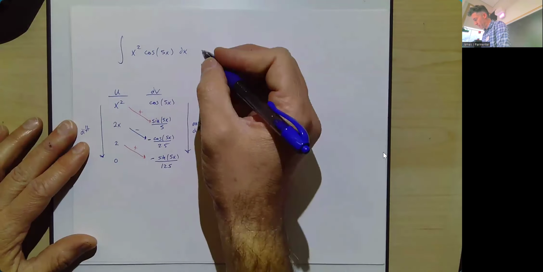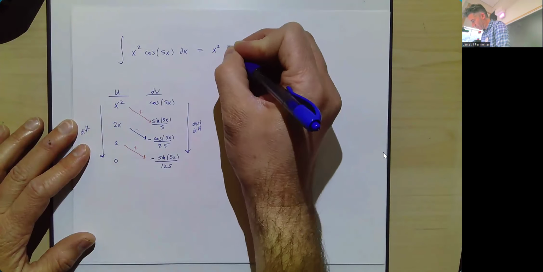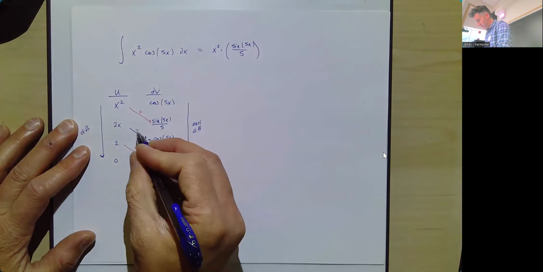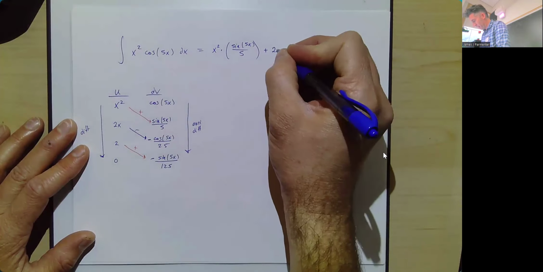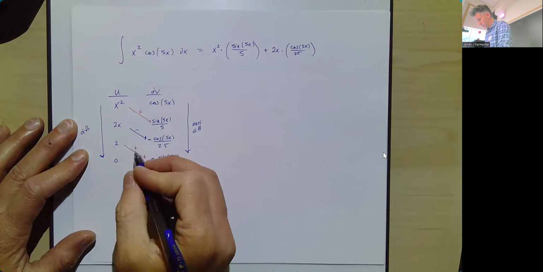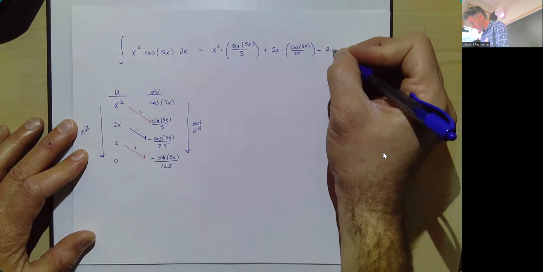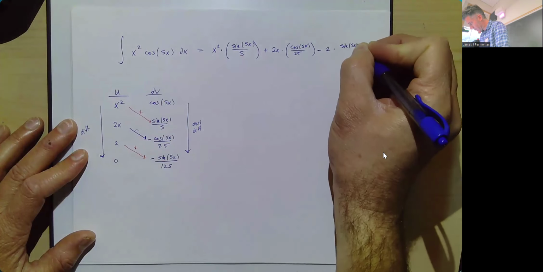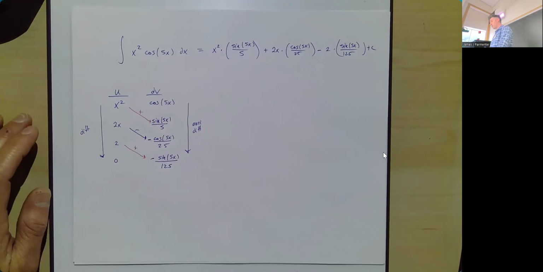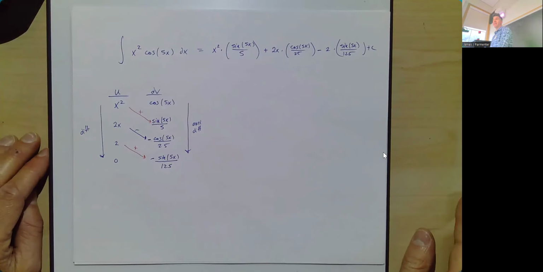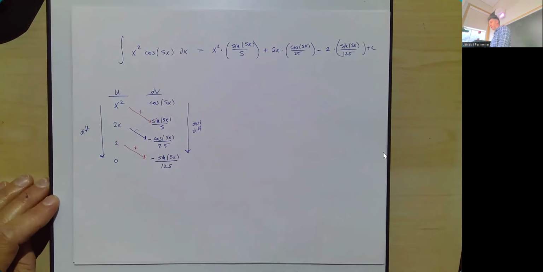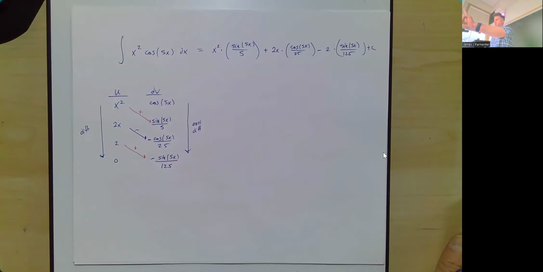So my answer here is x squared times sine of 5x over 5, minus a minus is plus 2x times cosine of 5x over 25, and then plus with a minus, so minus 2 times sine of 5x over 125, plus c. Certainly a lot faster than doing the iterations of integration by parts that would be required. Sorry, not 3, 2 iterations, apologies.